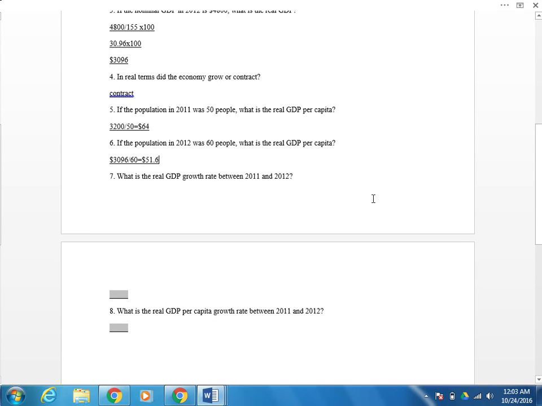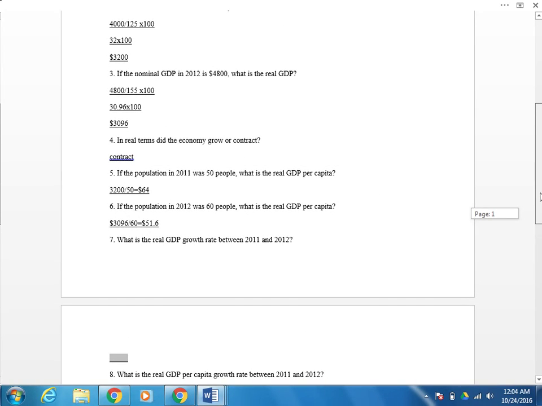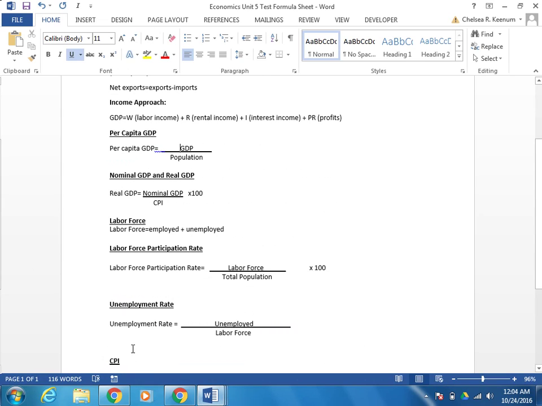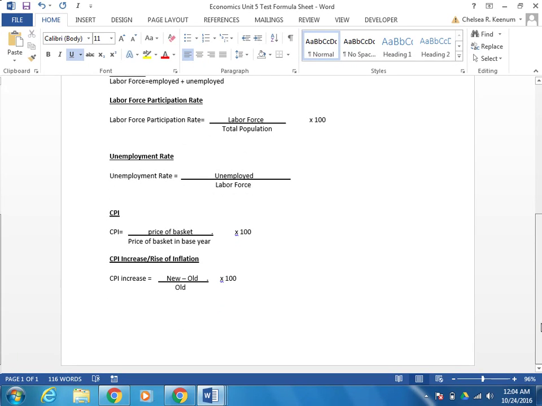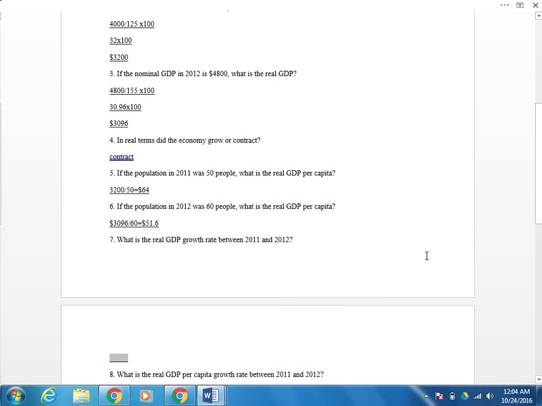Okay, what is the real GDP growth rate between 2011 and 2012 where your real GDPs are 3,200 and 3,096? We're looking for a rate, basically a change, which isn't necessarily an increase, but it is a change. So you're going to use this formula right here: new minus old divided by old times 100. So real GDP, the new one was 3,096 minus 3,200 divided by 3,200 times 100.